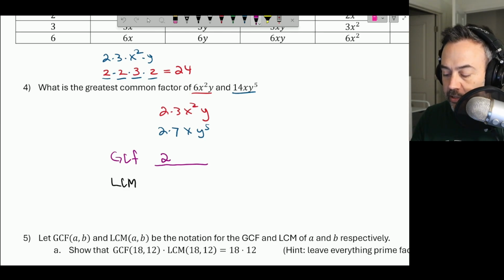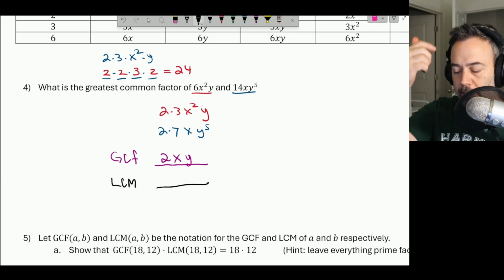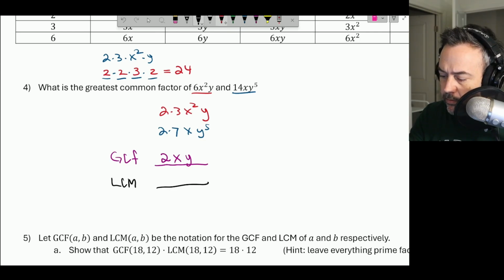There's an x squared here, and an x to the first there, take the lesser. x to the first, y to the first. The LCM, compare the powers, take the higher exponent. The LCM is going to have one factor of 2. It's going to have a factor of 3, a factor of 7, x squared, and y to the fifth.